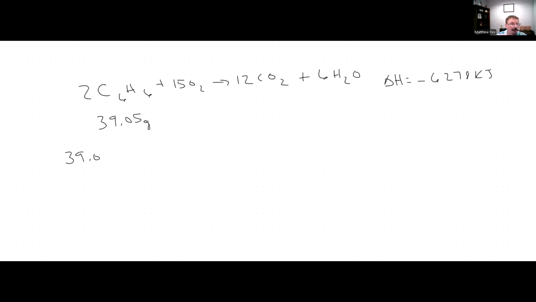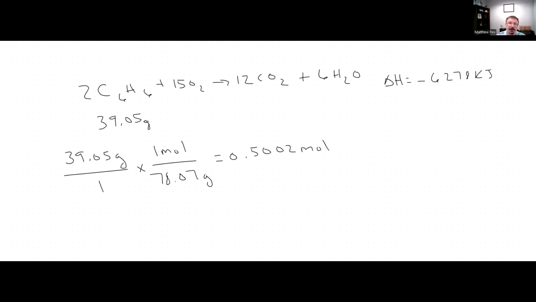So I'm going to take the 39.05 grams, and I'm going to divide by the molar mass, which should be about 78.07 grams. And that is 0.5002 moles.